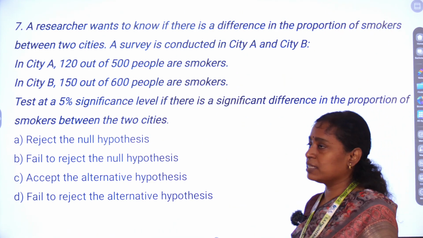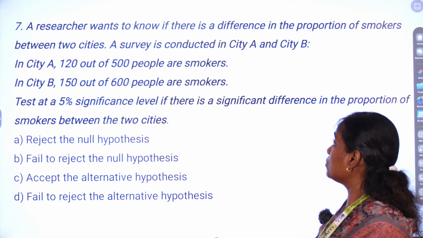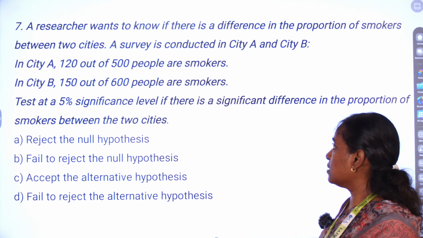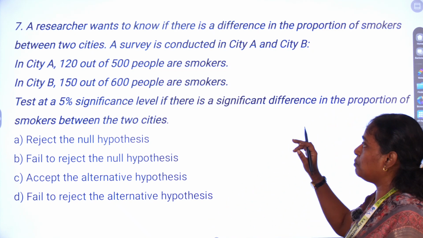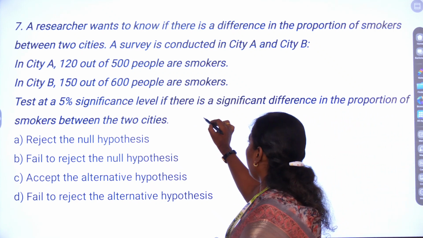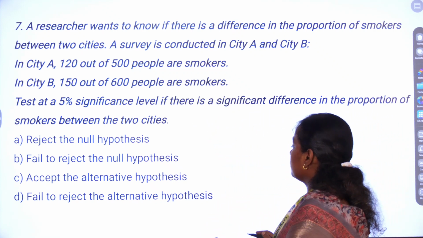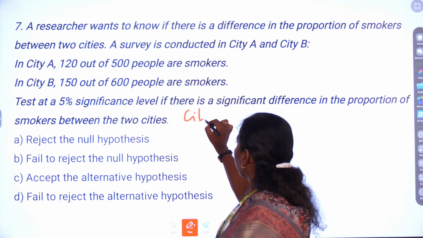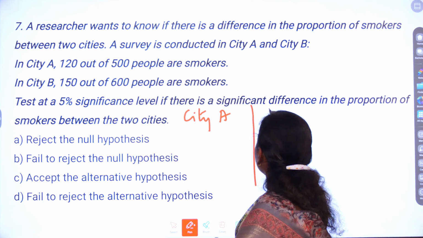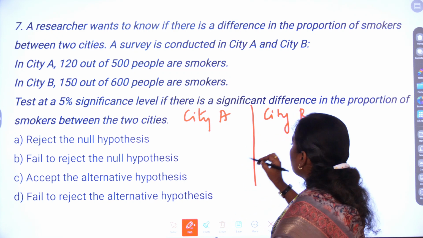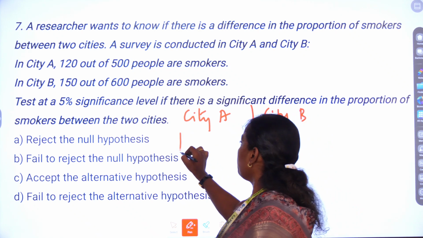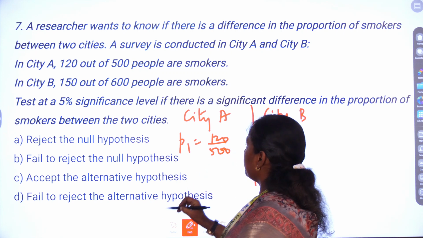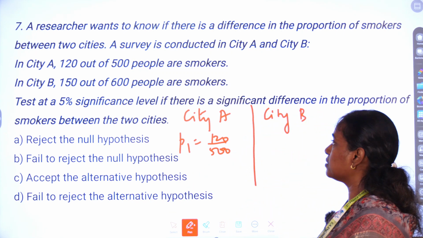Now we'll move on to the next problem. A researcher wants to know if there is a significant difference in the proportion of smokers between two cities. A survey is conducted in city A and city B. If you take city A, what is your P1? 120 divided by 500, so out of 500, 120 are smokers.